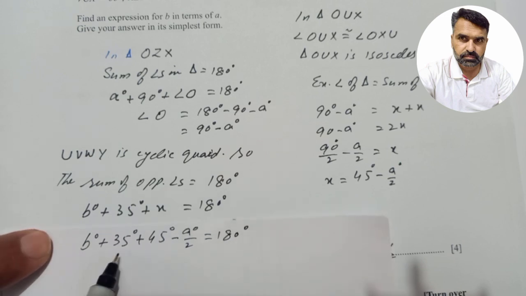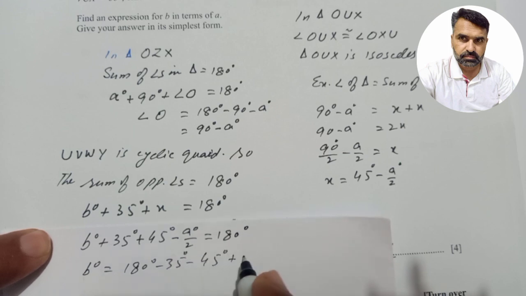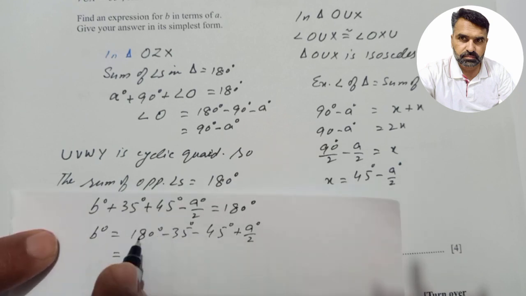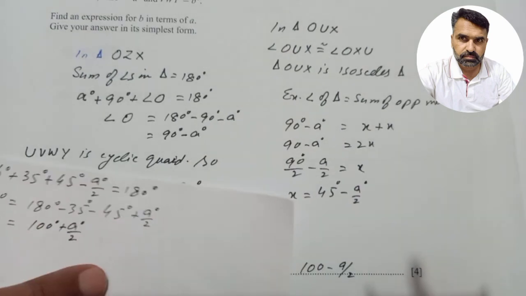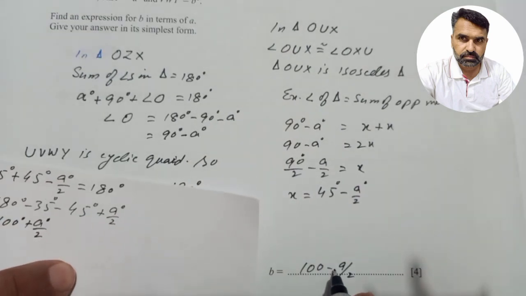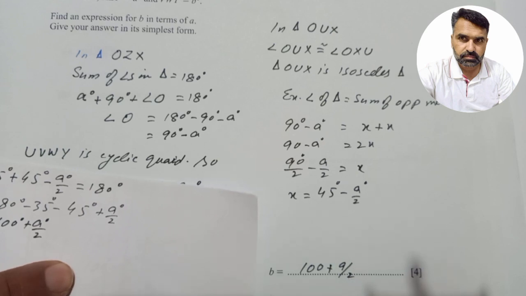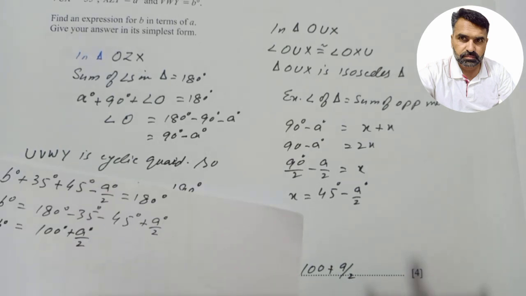Now students, I will transfer all the numbers except B from the left side to the right side, and it is written as B degrees is equal to 180 degrees minus 35 degrees minus 45 degrees plus A degrees by 2, and when we subtract 35 and 45 from 180, we will have 100 degrees plus A degrees by 2, and it is the value of B in terms of A, and we will write it here as B degrees is equal to 100 plus A over 2, and it is question number 2 of the paper.